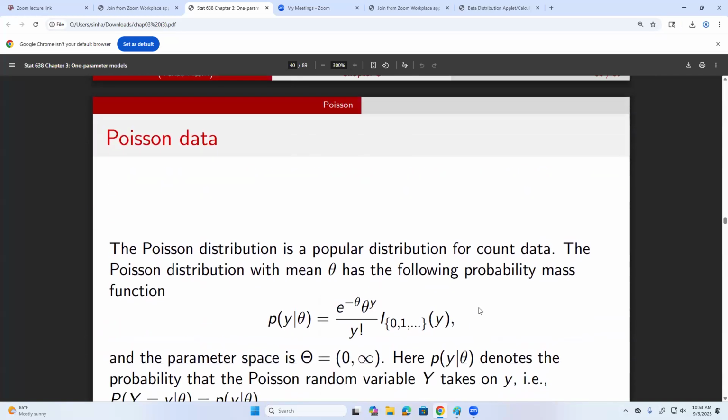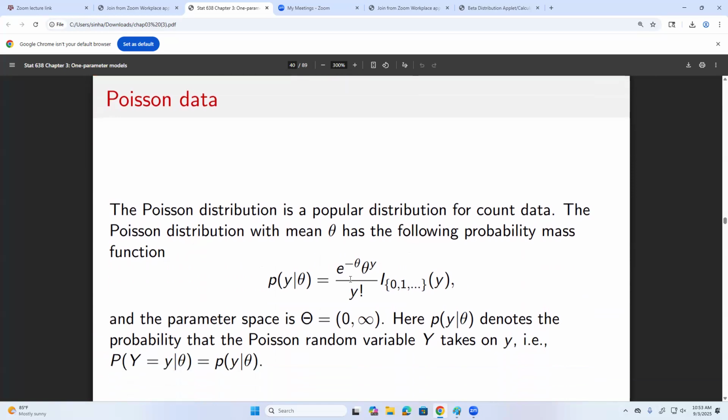Okay, so now let's talk about the Poisson data example. The Poisson distribution is a popular distribution for count data. The Poisson distribution with mean theta has the following probability mass function: e to the power minus theta, theta to the power y over y factorial, and the possible values of y are 0, 1, 2, all the way up to infinity.